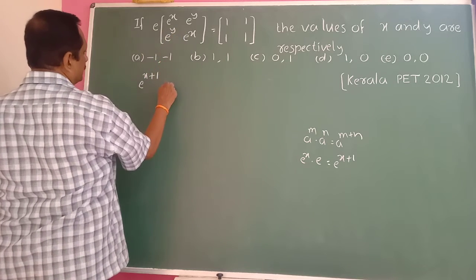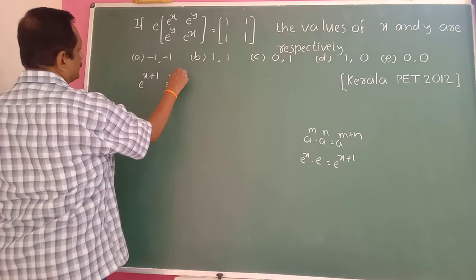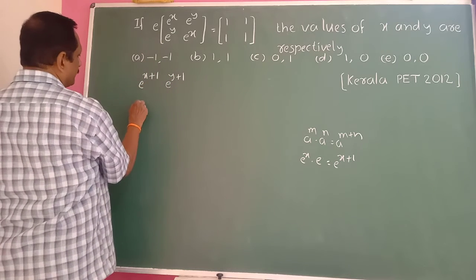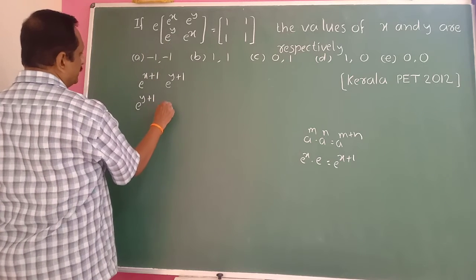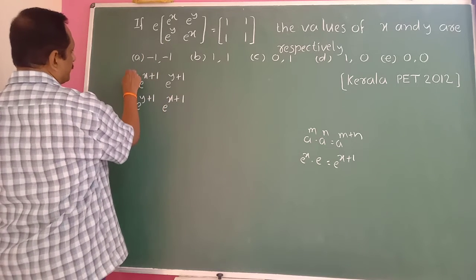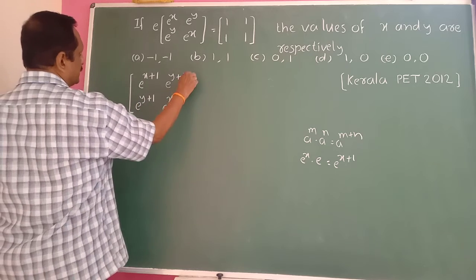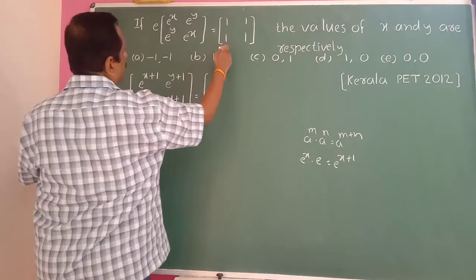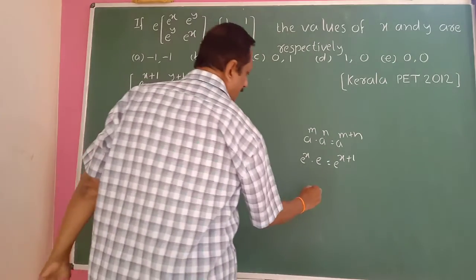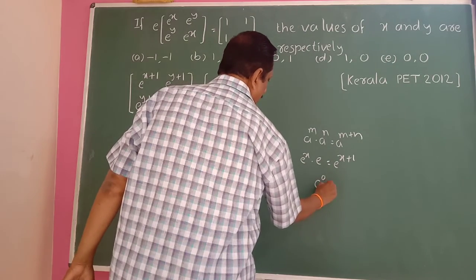This into this e raised to y plus 1. This into this e raised to y plus 1. This into this e raised to x plus 1. Okay, this is the matrix. And each element on the right is 1. You know that a raised to 0 is always 1.